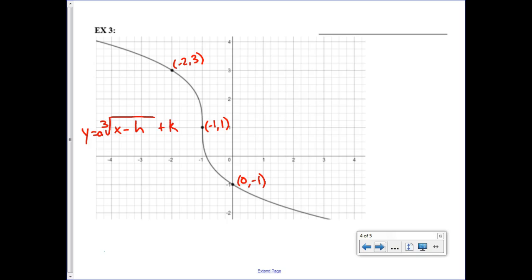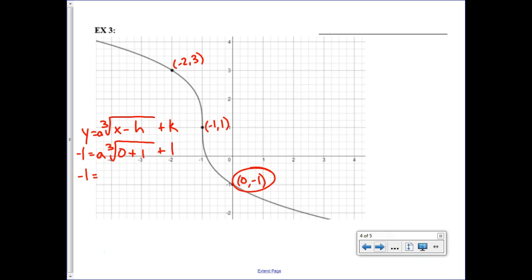So my y value, I'm going to use this point just because there's a 0 in it. Y value is -1 is equal to a, the cube root of 0 minus a -1, so plus 1, and then plus my k value of 1.